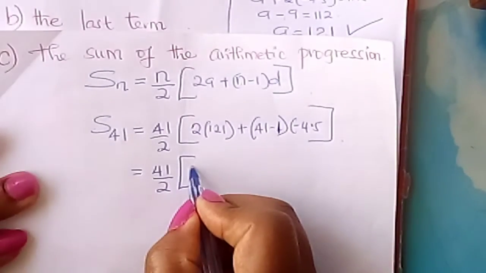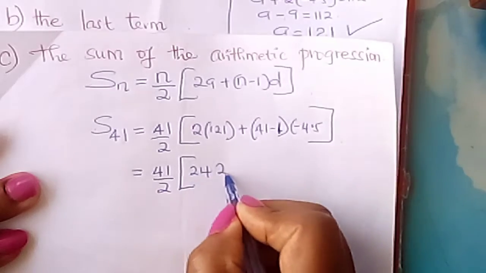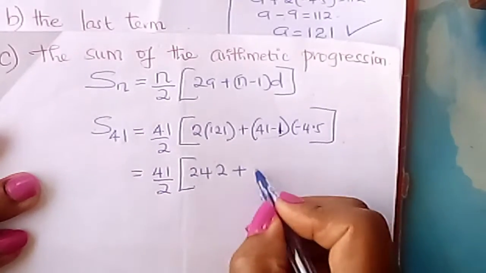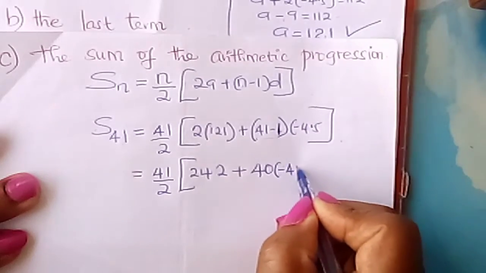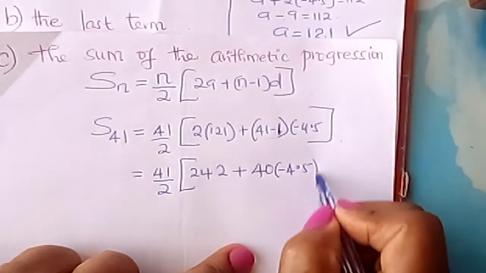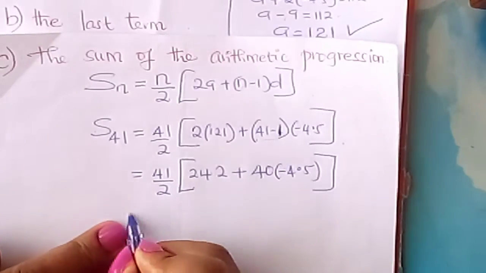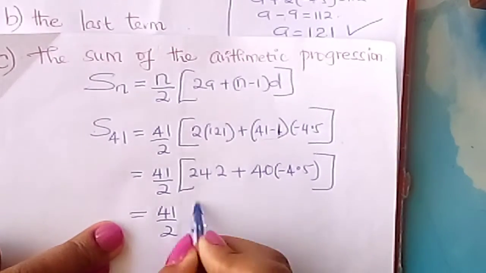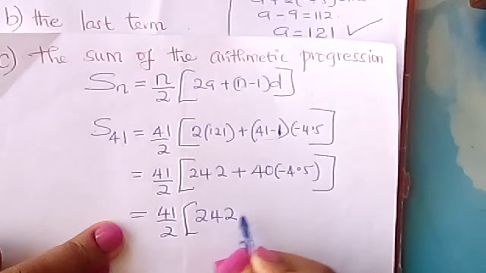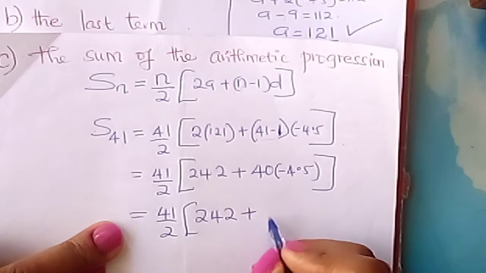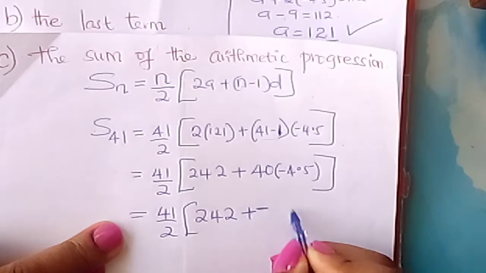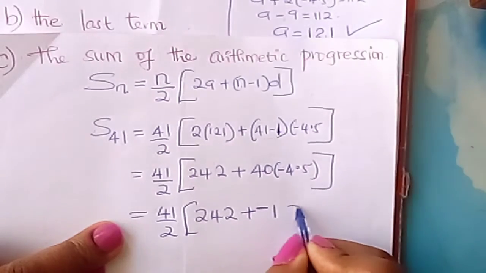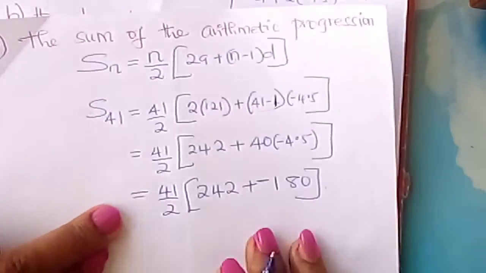In brackets, you multiply this, you get 242 plus, this is 40 multiplied by negative 4.5, learner. Work this out. So this gives you 41 over 2, 242 plus, you work these out, it finally becomes negative 180.